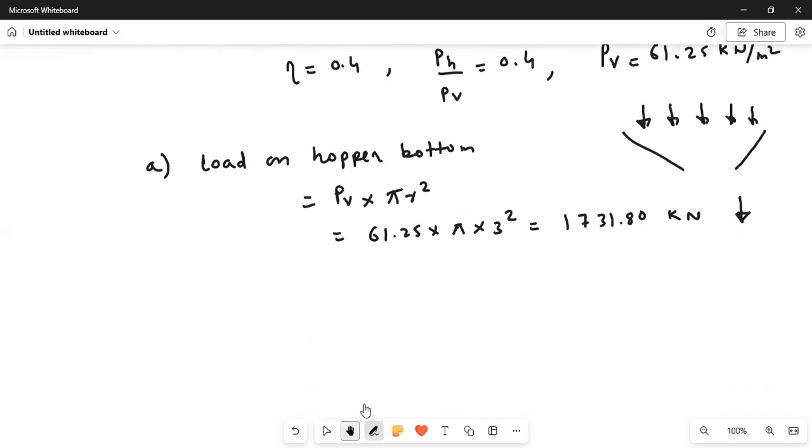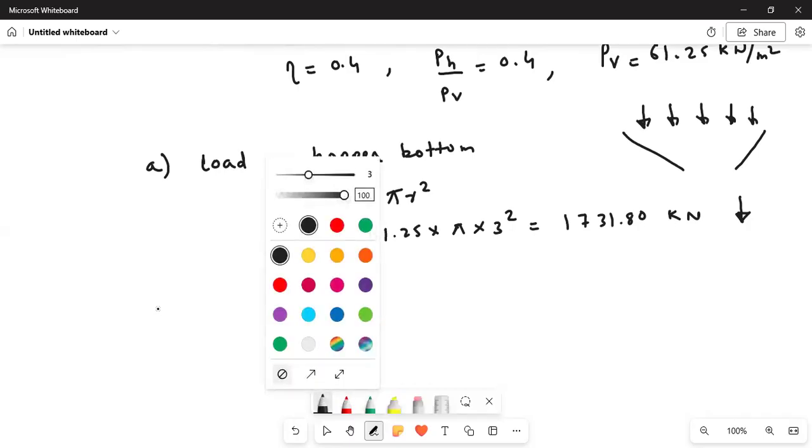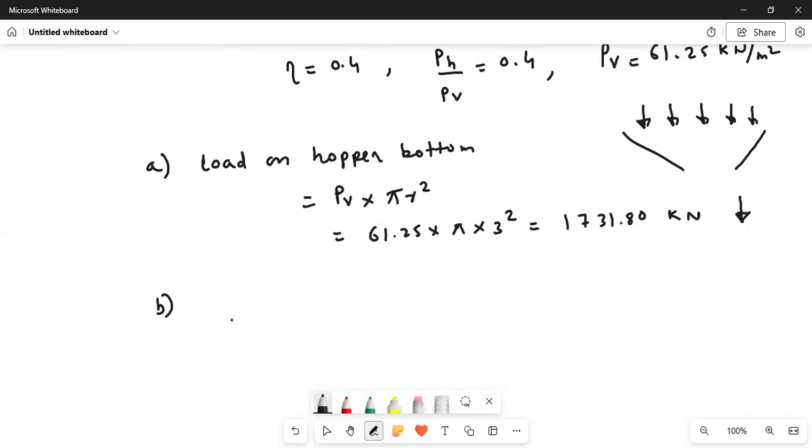Next, the total load shared by friction.